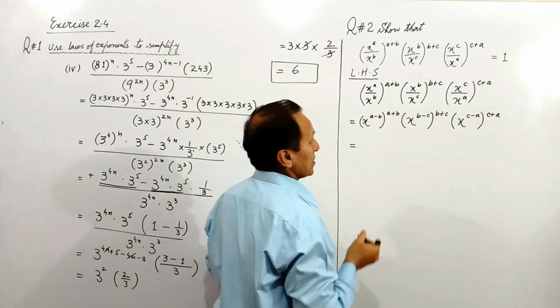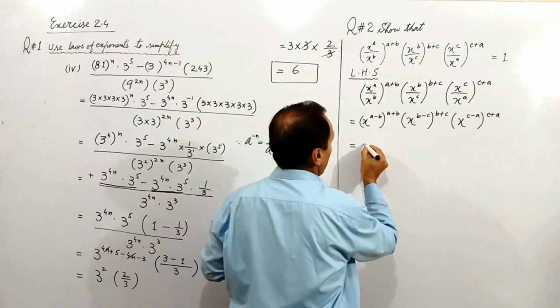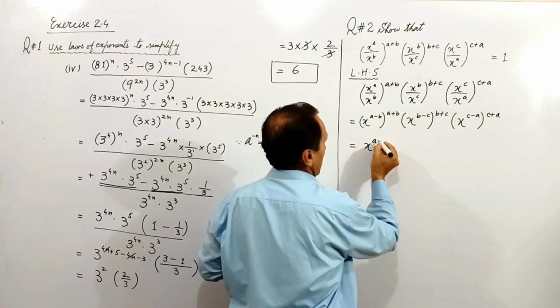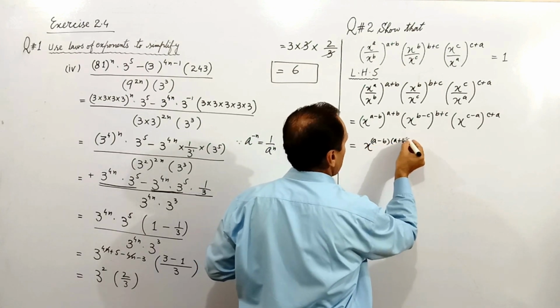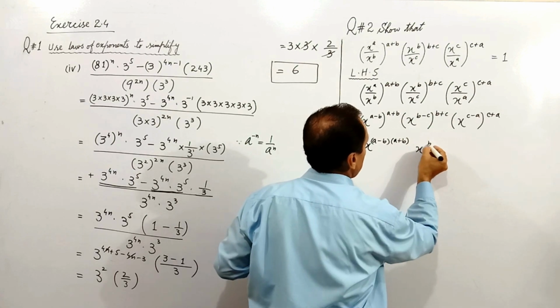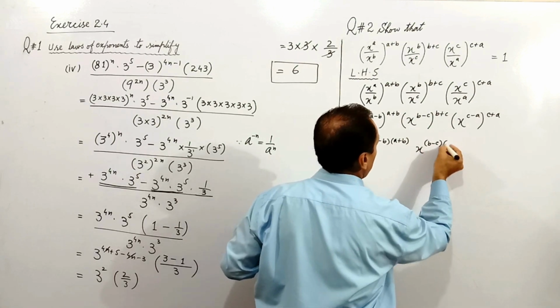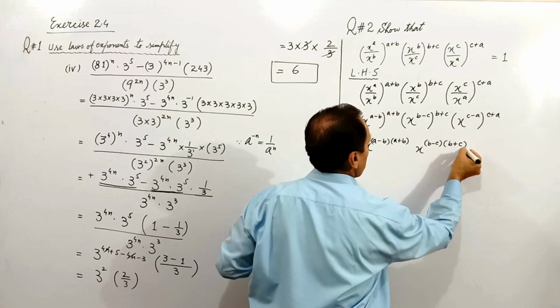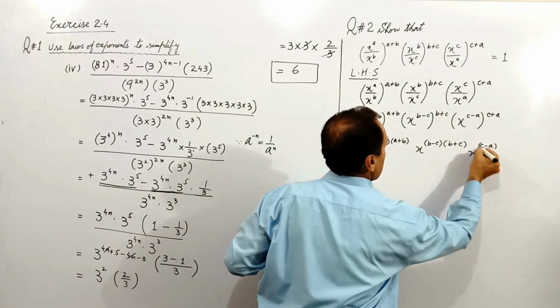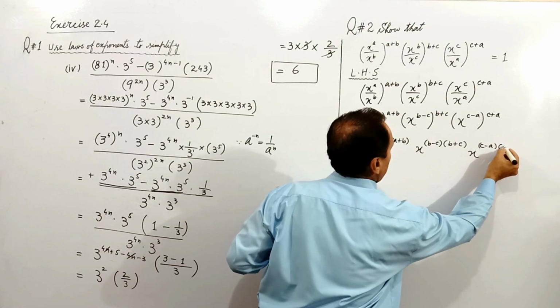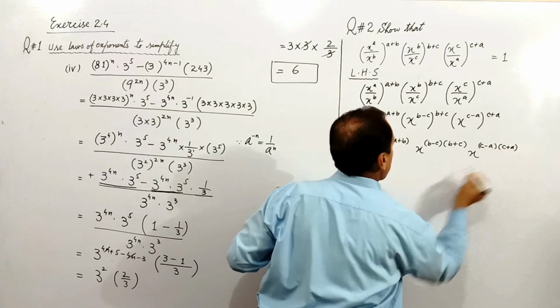So on each section we apply this law. x raised to power a minus b multiply a plus b. x raised to power b minus c multiply b plus c. x raised to power c minus a multiply c plus a.